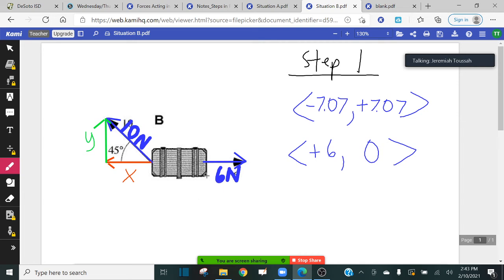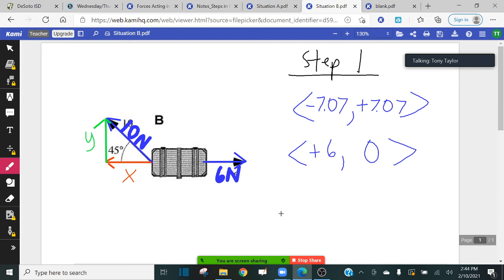Did you do the cosine and sine? I don't have to use cosine and sine for this arrow because it's not pointing at an angle. So the x component is 6, but the y component is just 0. You only need to use trig whenever it's pointing at an angle. If it's not, you just write down the x component and the y component, because you can just look at it and see. Okay, I was confused. I thought I missed out on something. No, you're good.